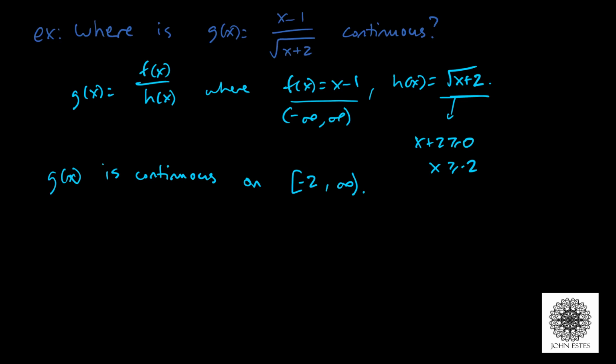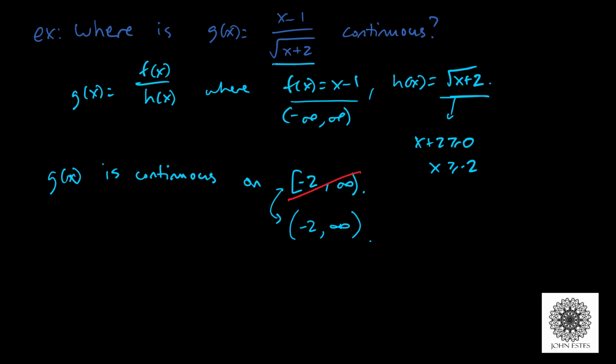So here at negative 2, I have a 0 in the denominator. So this is actually not correct. The correct answer then would be the open interval negative 2 to infinity. The only difference between these two is that the negative 2 is not included. But everywhere else, g of x is continuous.